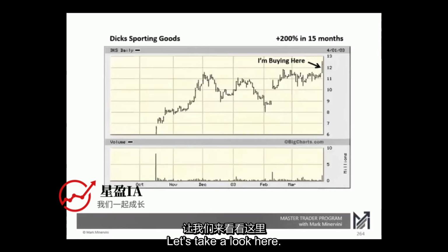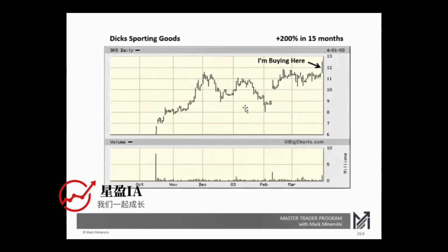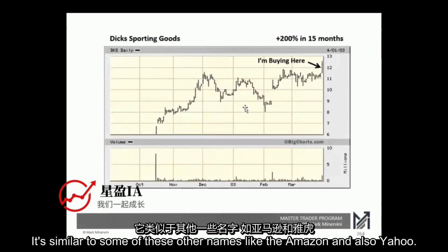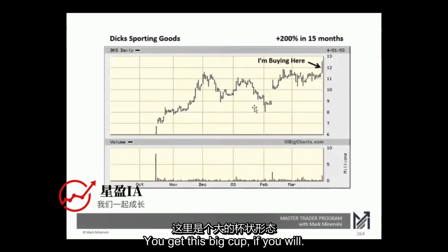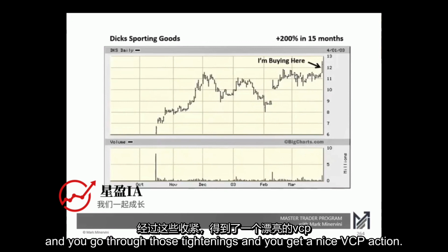So again, let's take a look here. Dick's Sporting Goods. This is another stock I was buying right here. And it's similar to some of these other names like Amazon and also Yahoo, where you get this big cup, if you will, and then you come up the right side, and then you really start tightening, and you go through those tightenings, and you get a nice VCP action.